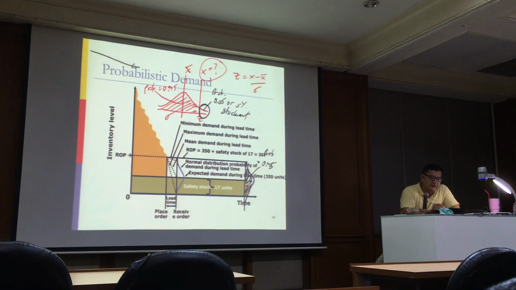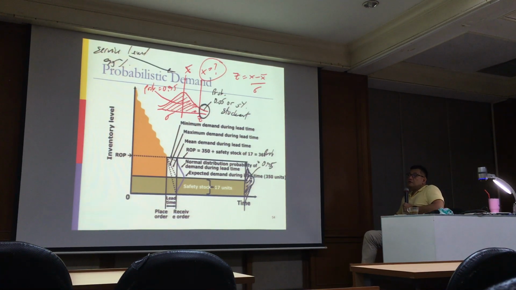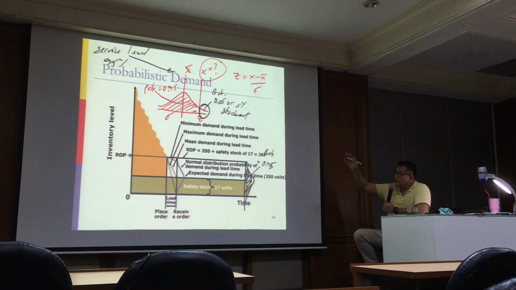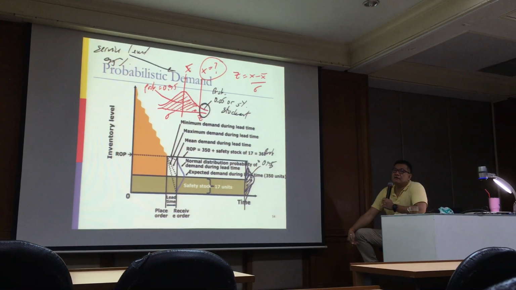This is the figure of service level, 95%. You want service level 95%, so it means based on the normal distribution of demand during the time, you want to find, if the area under the curve equals the probability of 0.95, what would be the level?